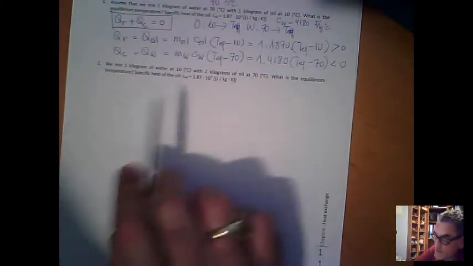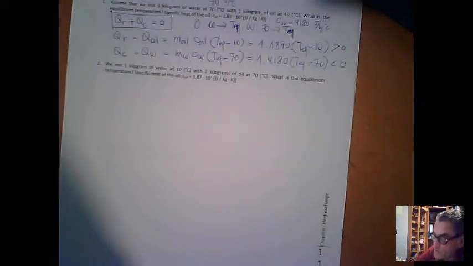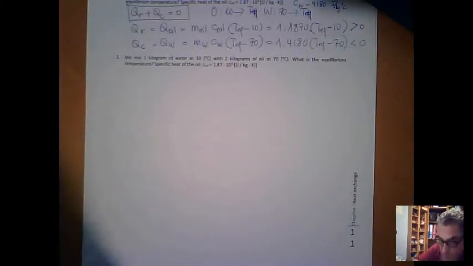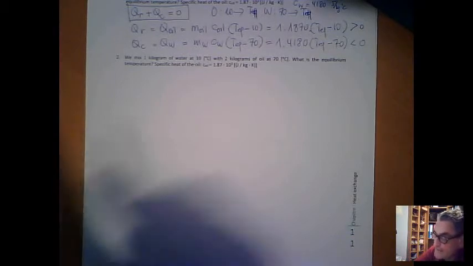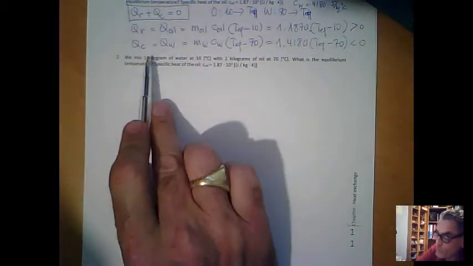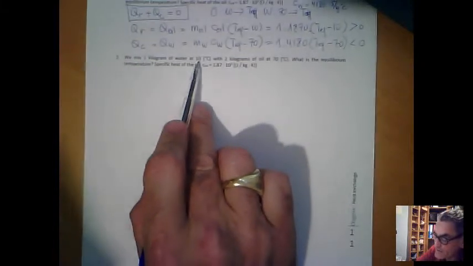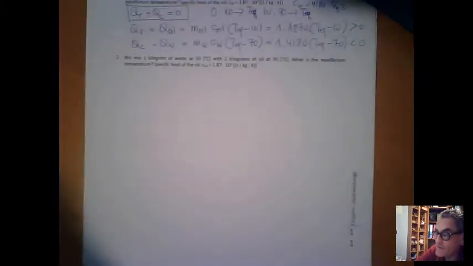Now I let you do the next one. It's very close to the first one, but the first one we did together. This one you will do alone because I'm going to go get a coffee. Now we have 1 kilogram of water at 10 degrees and 2 kilograms of oil at 70 degrees.